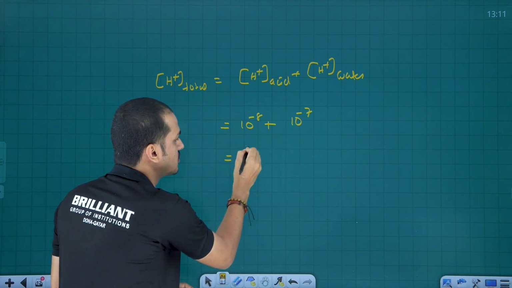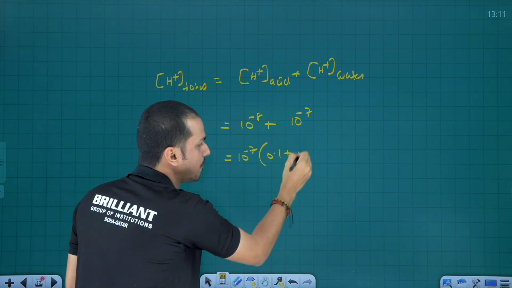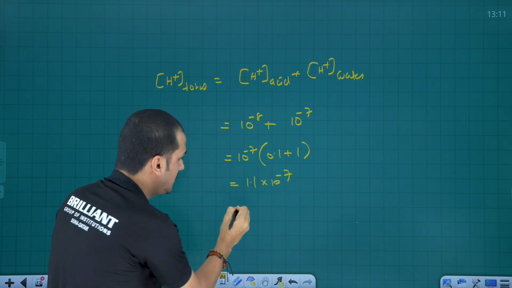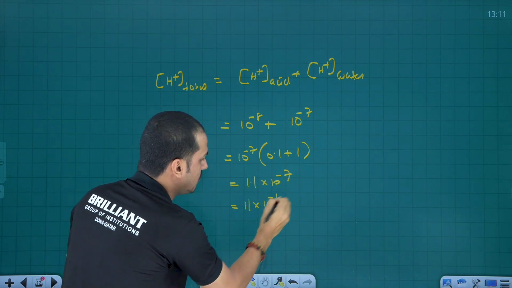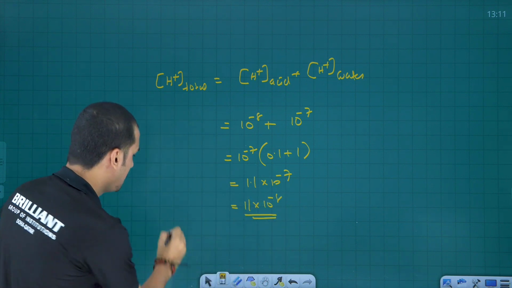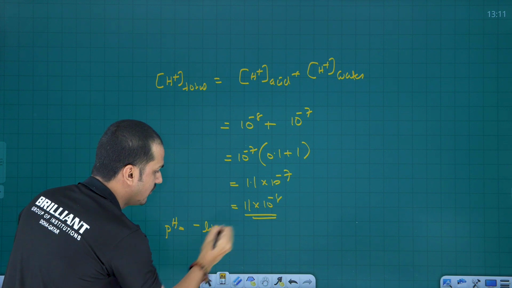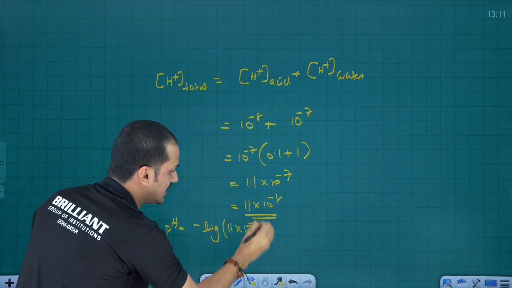That is equal to 10 raised to minus 7 into 0.1 plus 1, which means 1.1 into 10 raised to minus 7, that means 11 into 10 raised to minus 8. Then what is the pH? While calculating pH, it is minus logarithm of 11 into 10 raised to minus 8.